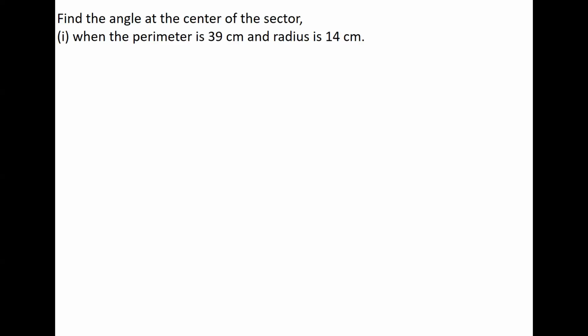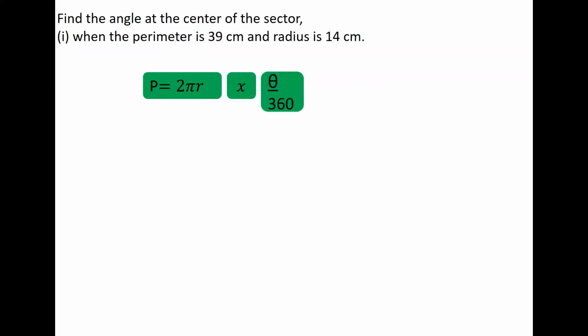Done? So always use the easiest way of getting to the answer. Okay, so perimeter is 39. So first write down the formula here. P is equal to 2 pi r into fraction, that's theta over 360. මෙතන අපි හොයාගන්න ඕනේ theta, මේ angle, sector of a circle. හරිද?